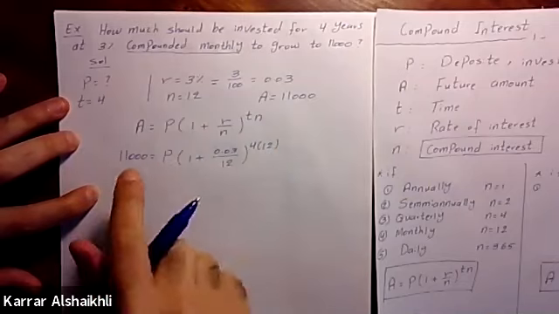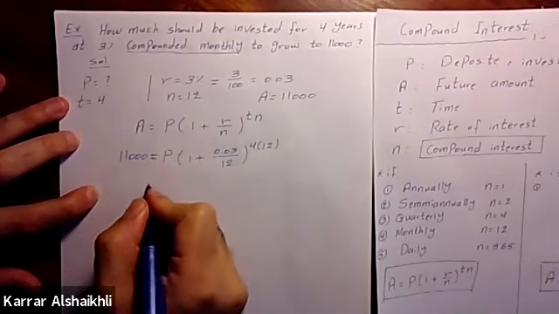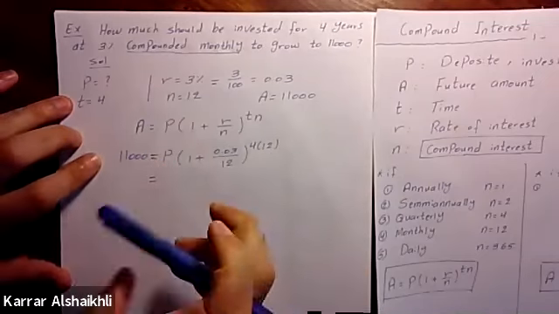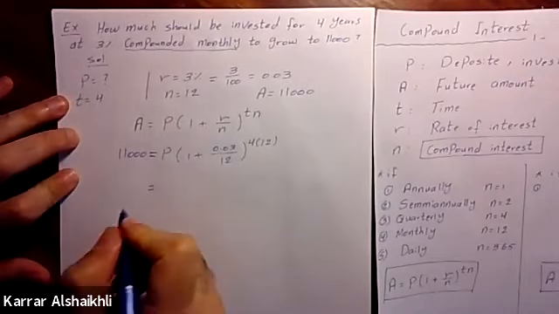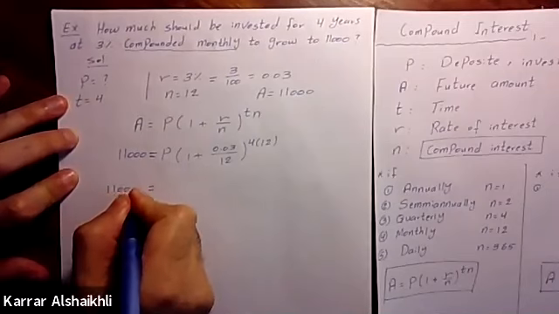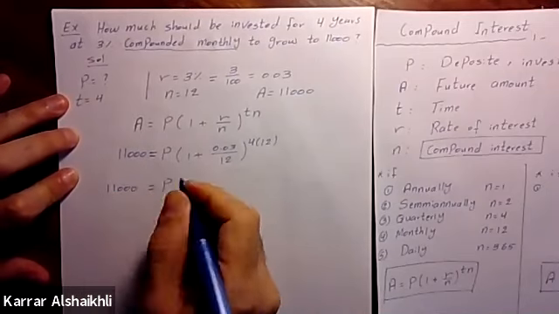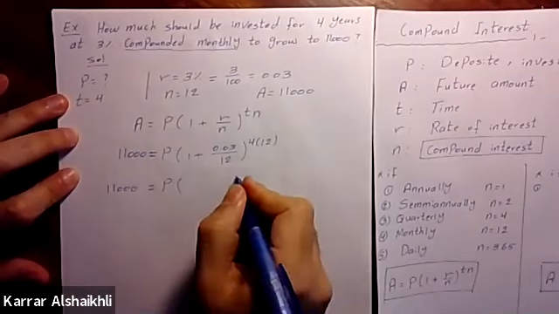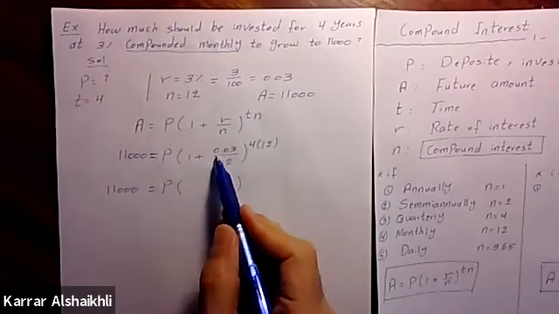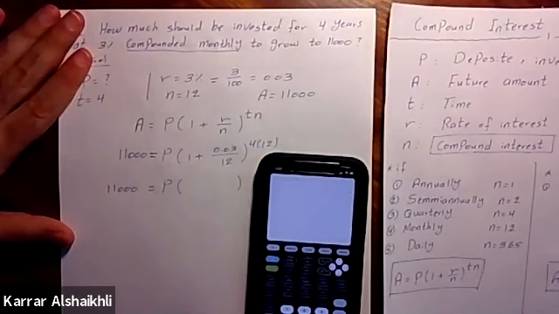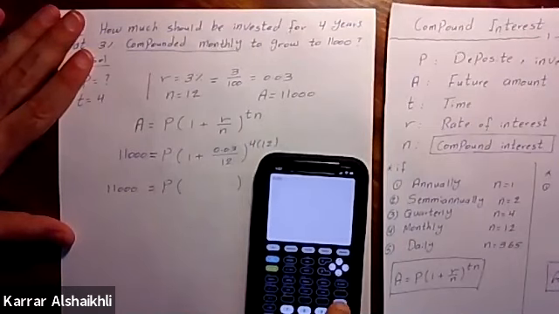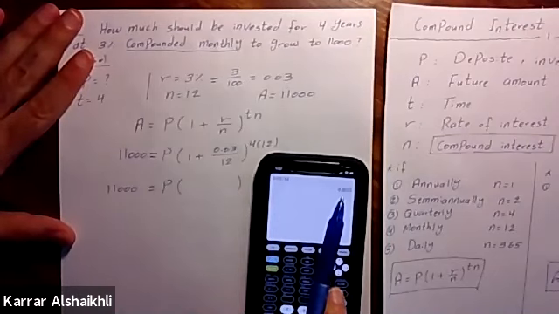So I'm going to simplify both sides. If you check the left side, it's already simplified, so I can't do anything here. So 11,000 equals P. I'm going to simplify this part. So 0.03 divided by 12 is going to be 0.0025.